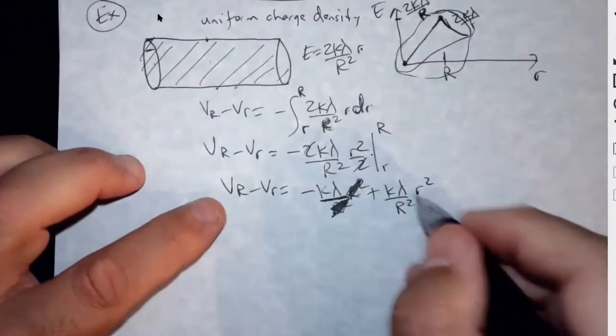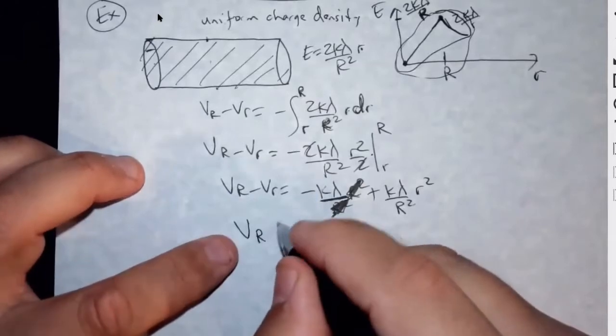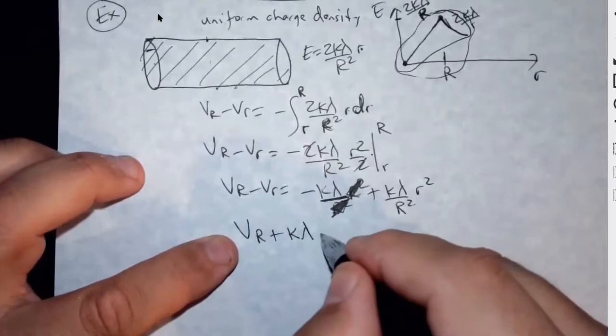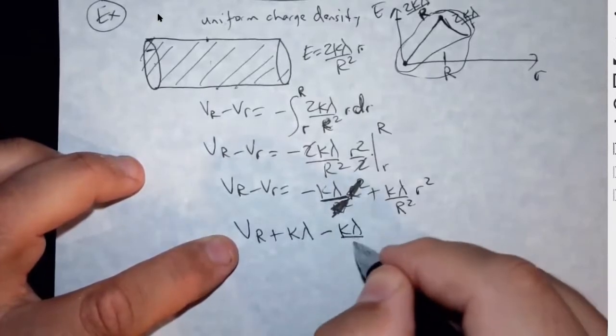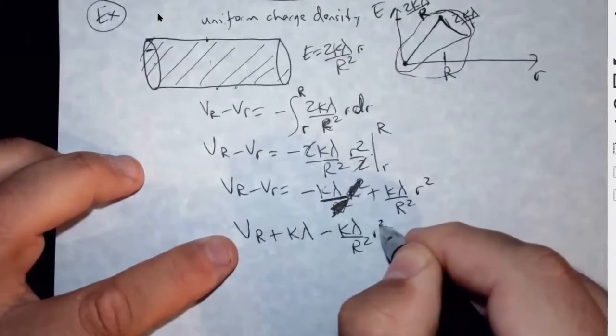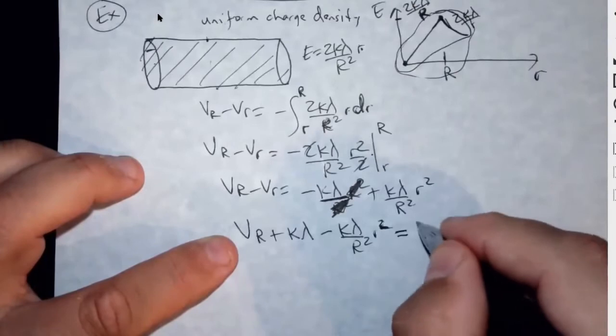This goes over here, this goes over here. So you have V sub r plus k lambda minus k lambda over R squared, r squared, equals V sub R.